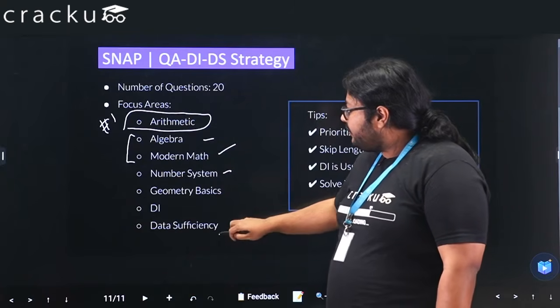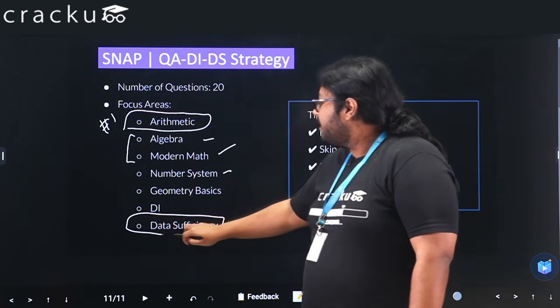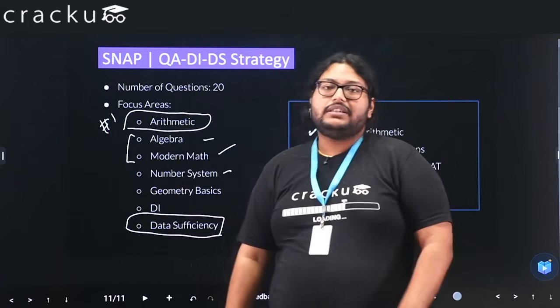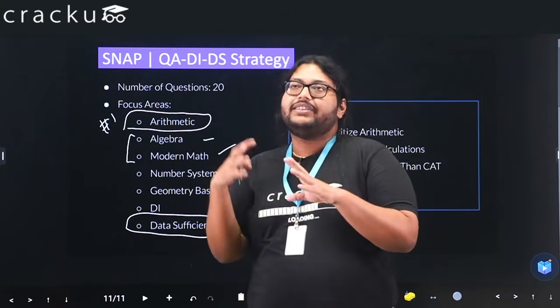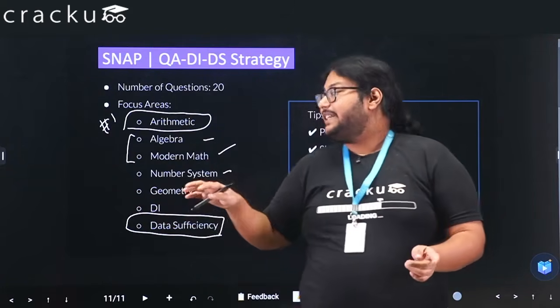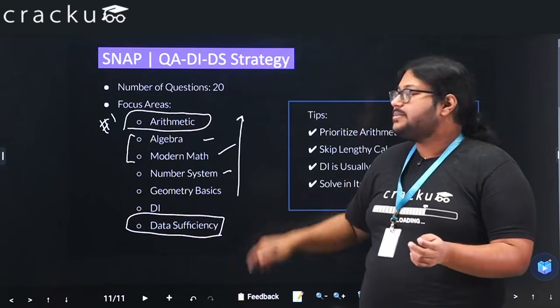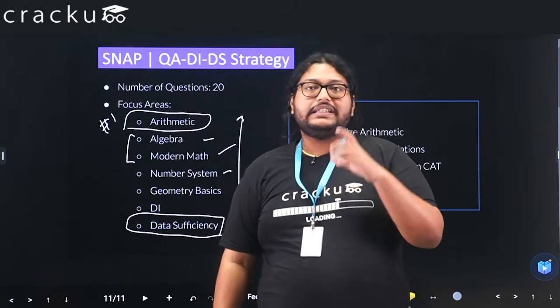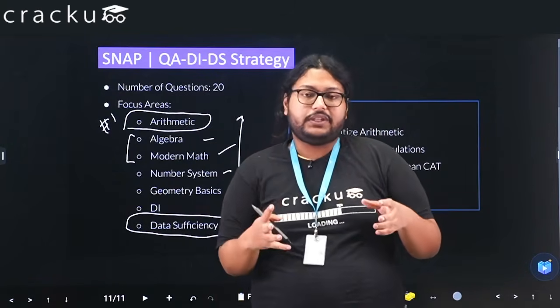Another thing that we need to focus on is data sufficiency. Not because data sufficiency is a different mathematical concept. Data sufficiency basically uses all these concepts only. It is a question type we need to be comfortable with.